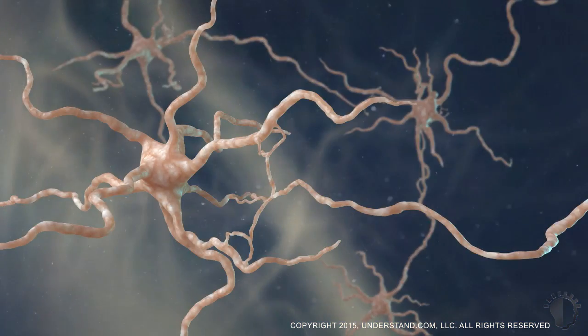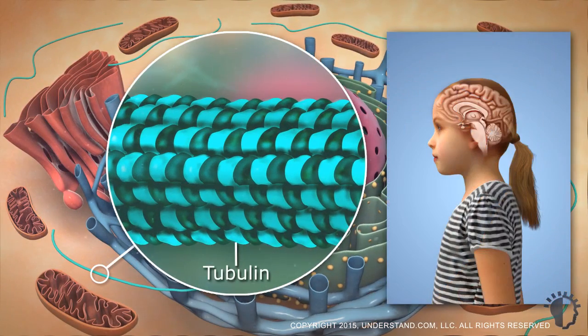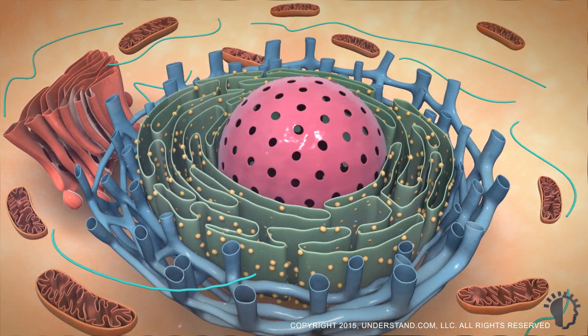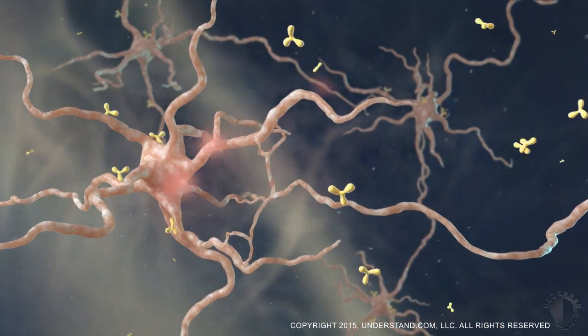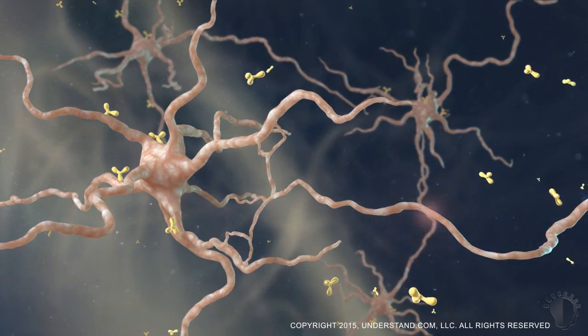Tubulin is an intracellular scaffolding protein that is found in all cells, but is highly concentrated within the cells of the brain. Tubulin helps cells to maintain their shape and plays an important role in cell division. Anti-tubulin antibodies can interfere with these normal cellular functions within brain cells, leading to neurologic dysfunction.